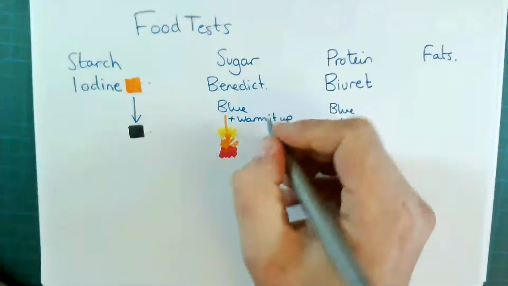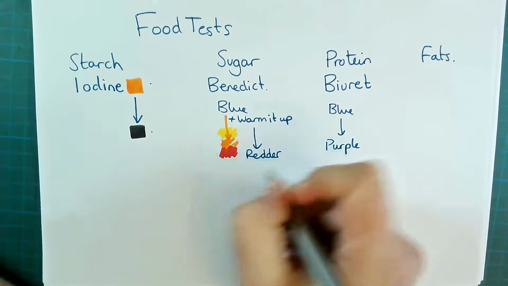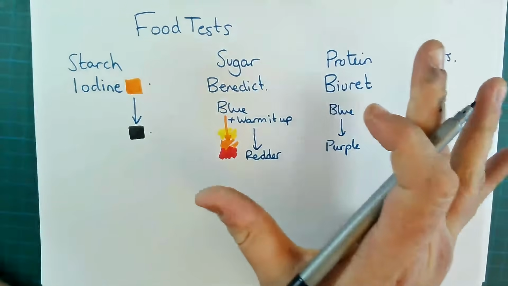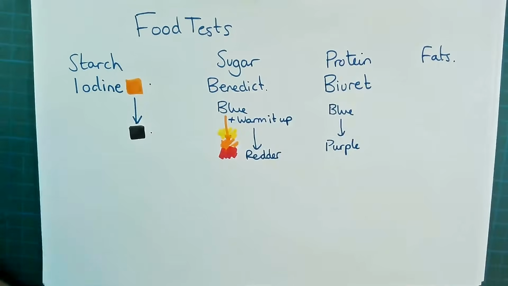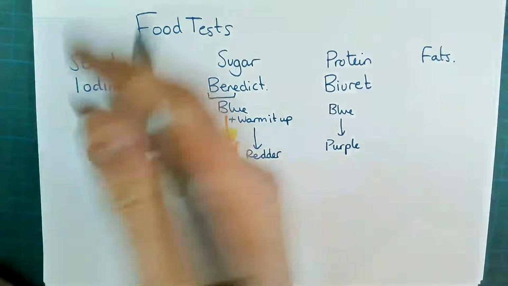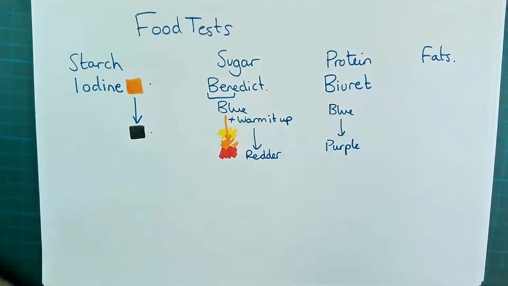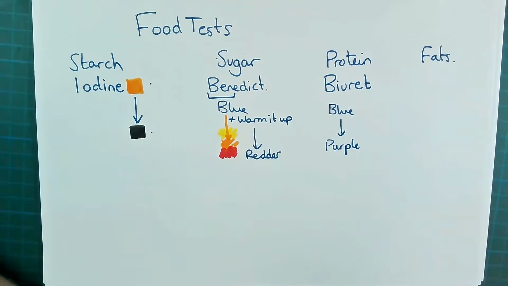So you progressively get redder. Red is the end goal. Either way, Benedict has got Ben in it. Imagine there's someone called Ben and he's really sweet. Sugar sweet. We'll roll with that. Sweet Ben.